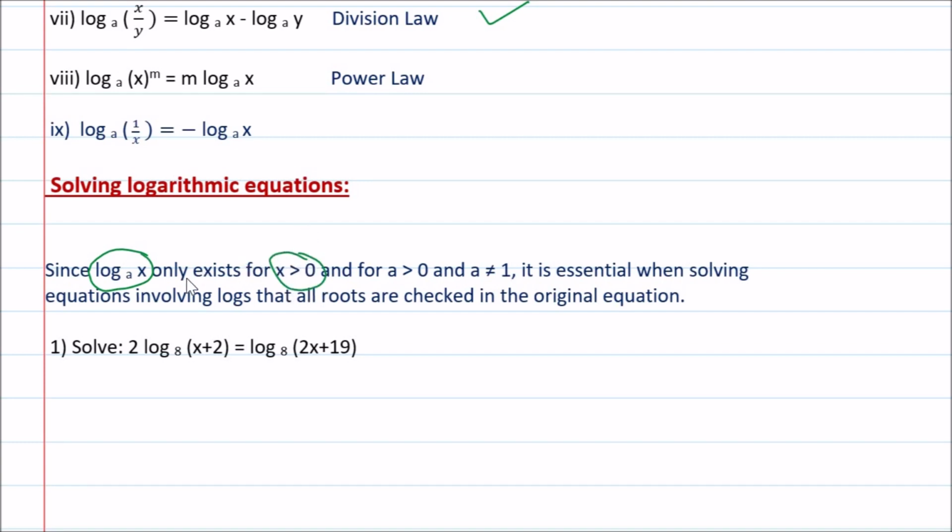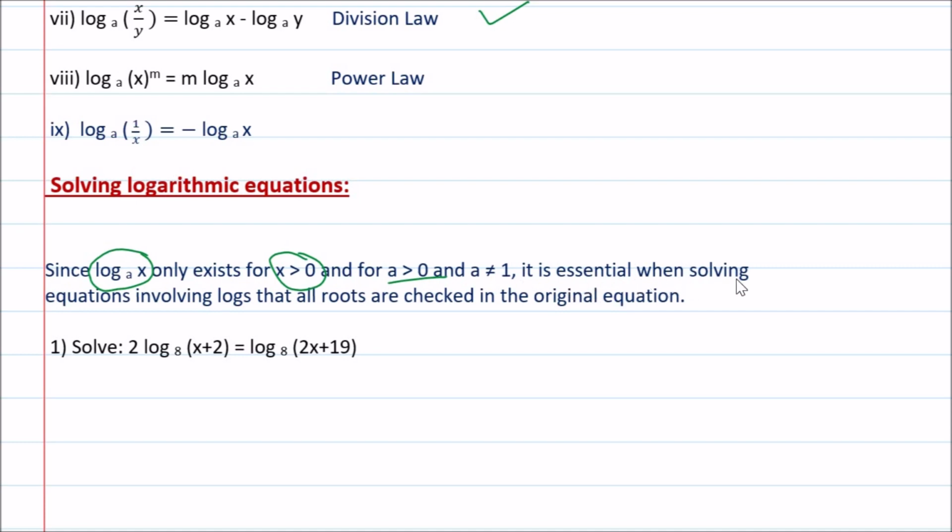That means the parameter of the log should always be positive. Log is not defined for negative values. Keep that in mind. And the base also should be greater than 0, and it should not be equal to 1.